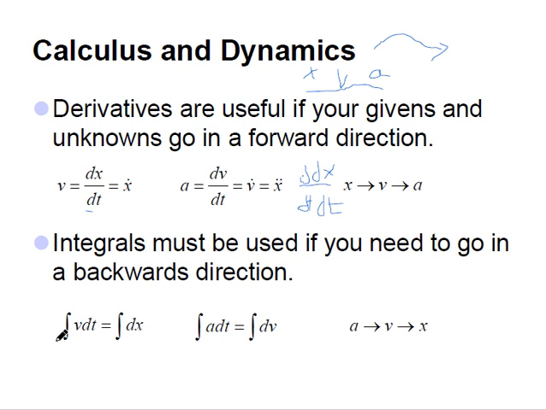We bring the dt to that side, so we get v dt on one side and dx on the other. Since we bring this backwards, we put another calculation sign, still going backwards, trying to find the velocity from acceleration, and we use integration.